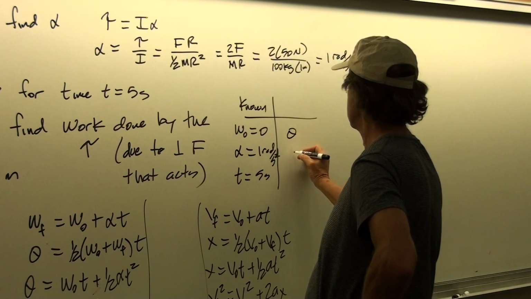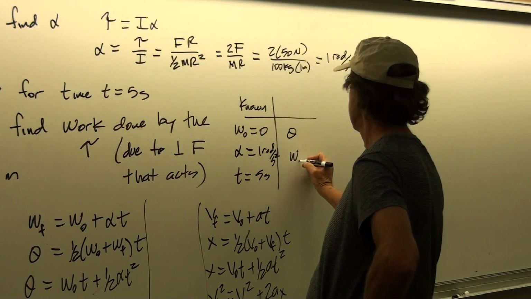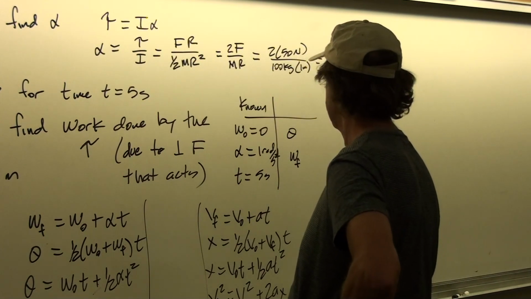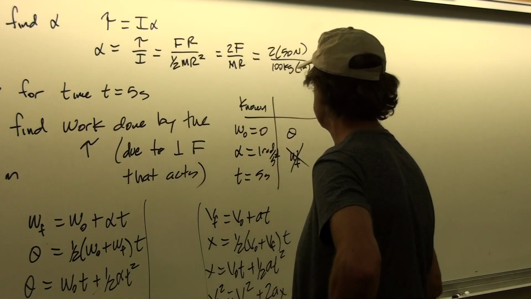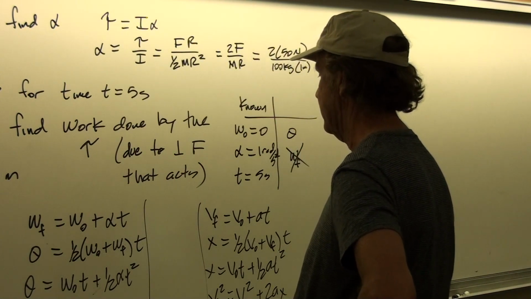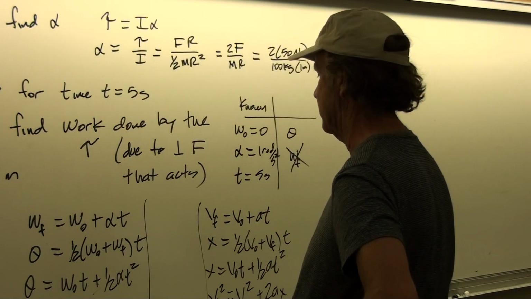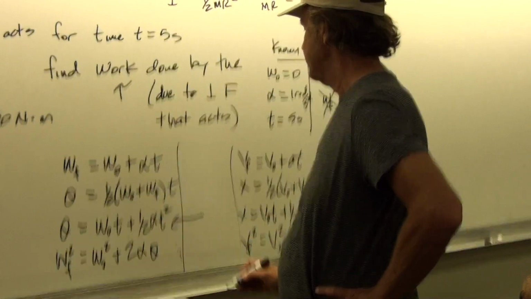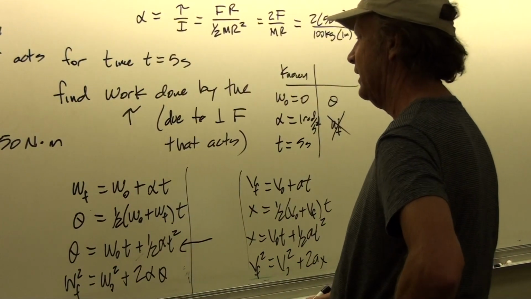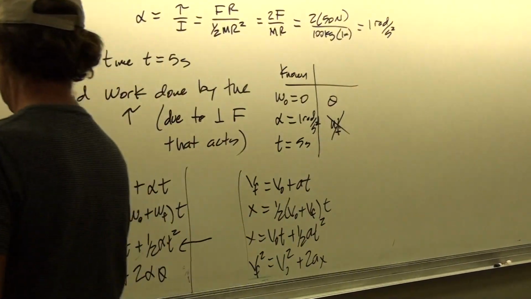Then that means that we should be able to solve for theta by eliminating all of the equations involving omega final, just like we had done before in some of our previous examples. And so that would be this third equation. That one doesn't involve omega final, and so that would give us our value for delta theta.